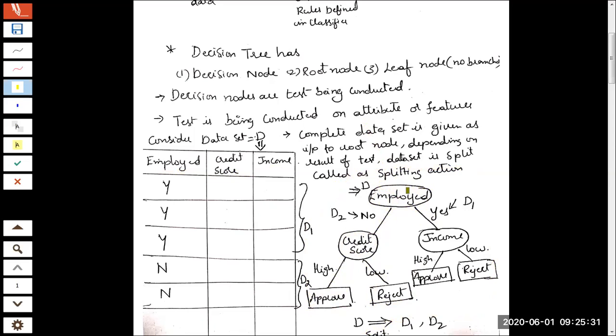From the historical data, you will extract the attributes, like what you are seeing here: whether he is employed, what his credit score is, what his income is. You will use these attributes as nodes of the tree, and using these nodes, you will reach a leaf node, that is a class.